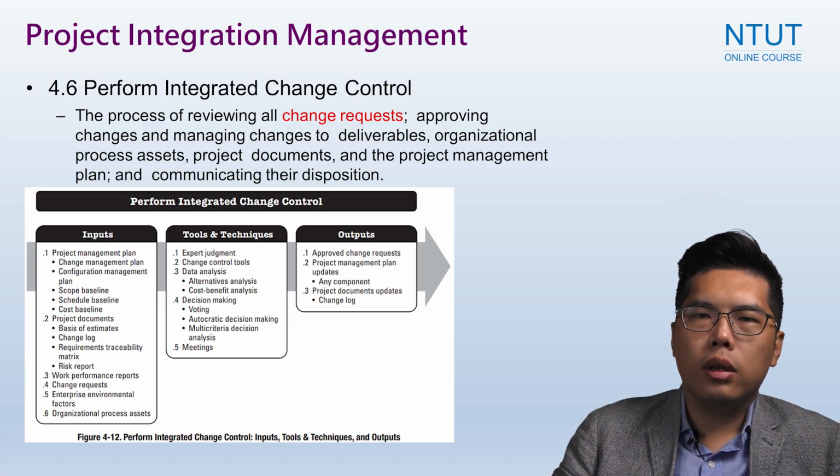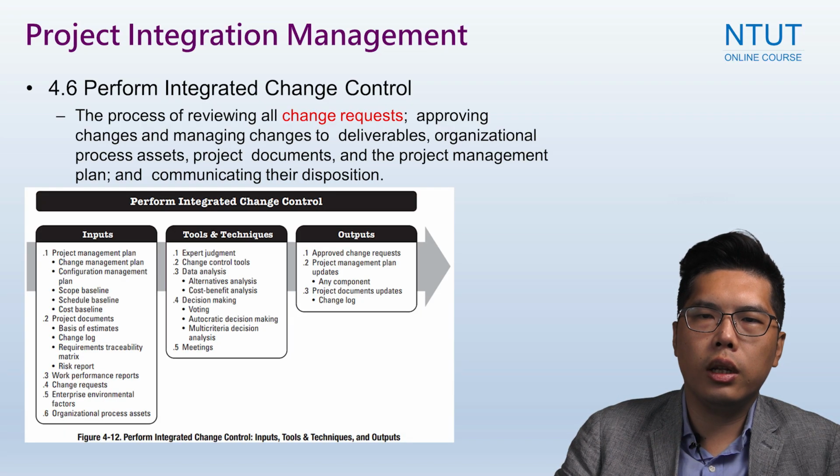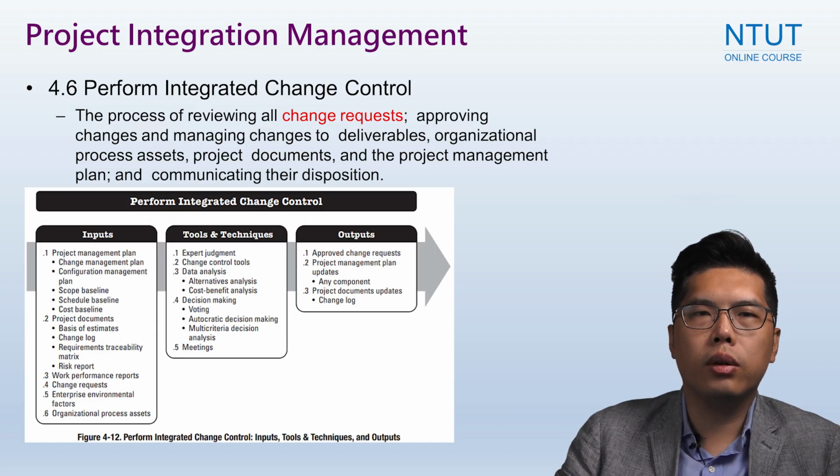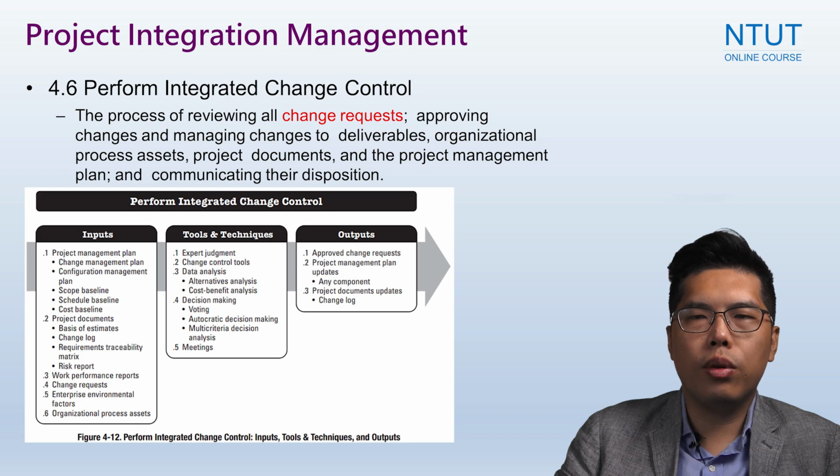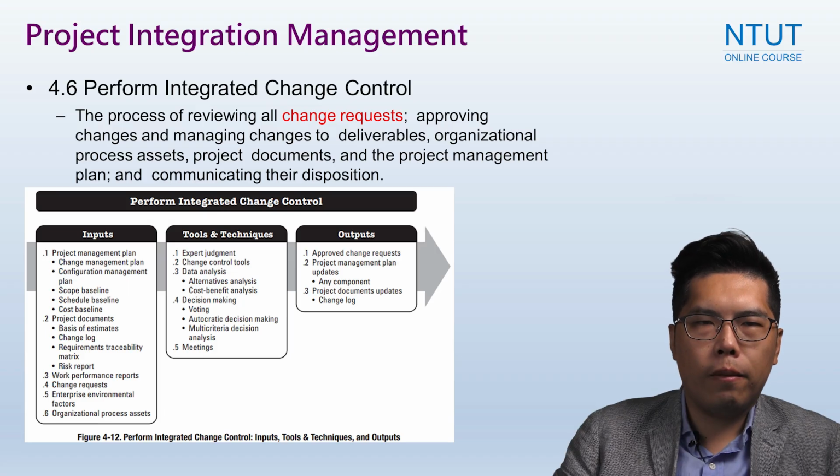To do that, it is where the configuration management plan comes in. The details of these activities are contained in the PMBOK Guide. Because there are too many details for me to go through, we recommend you go through the PMBOK Guide and read the details there.